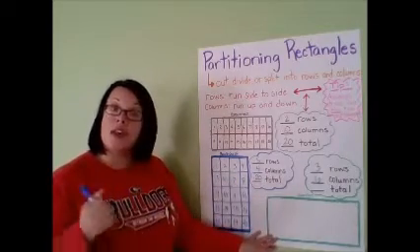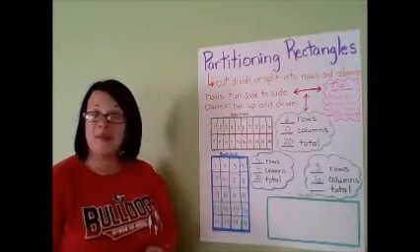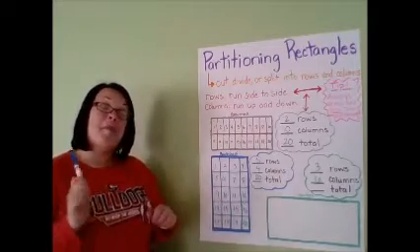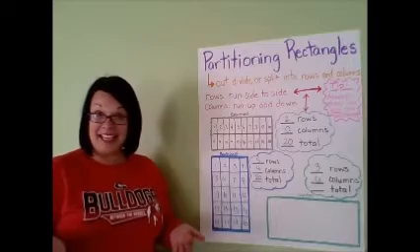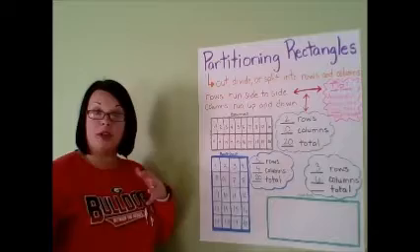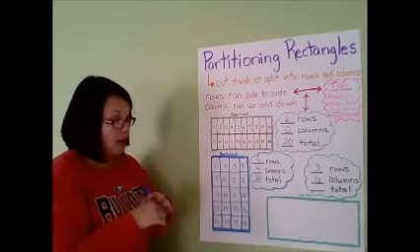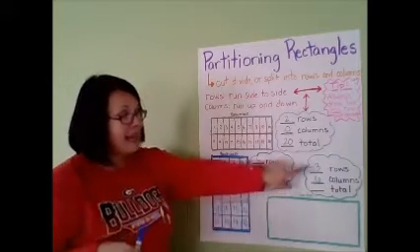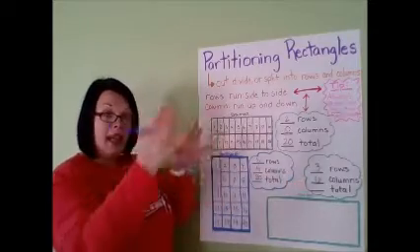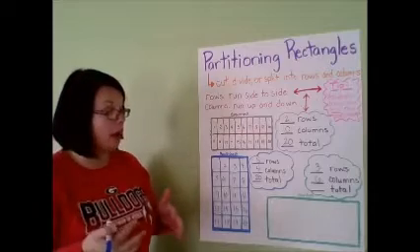Right now we're gonna do a little garden. We're going to pretend that Miss Healy is planting a garden in her backyard. Miss Healy is not planting a garden. She's not a great gardener. But if I were planting a garden, I would need to know how I should space my plants out so that they would be able to grow in their amount of space. So I would want to plan that out. In my garden, I'd like it to have 3 rows and 6 columns so that I can kind of have my garden divided off so I can have different plants in different sections that are growing.